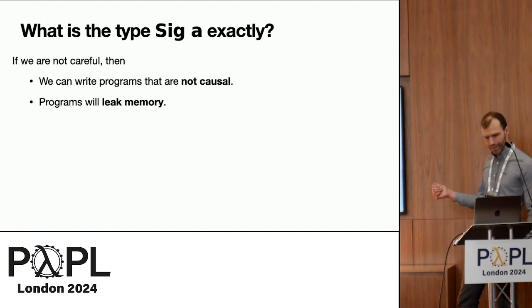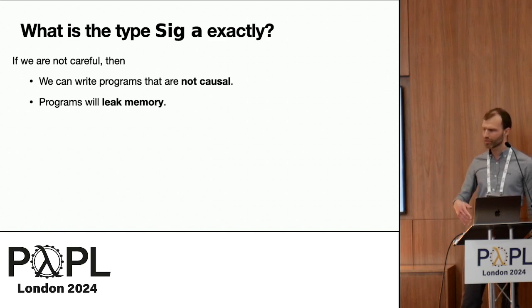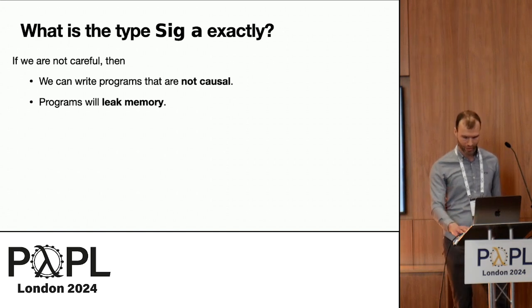And secondly, reasoning about memory is very difficult. In this high-level compositional programming style, it's very easy to consume more memory as the program runs, so eventually the program will run out of memory and stop. So we have to be very careful about this.